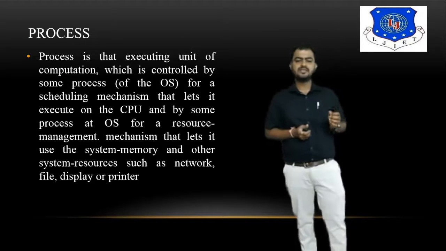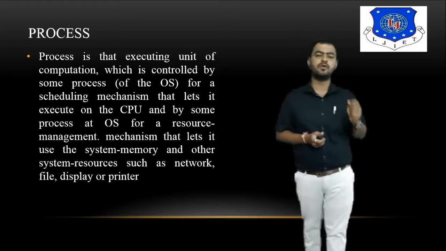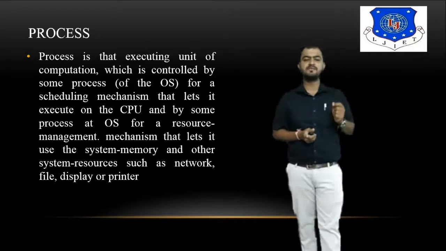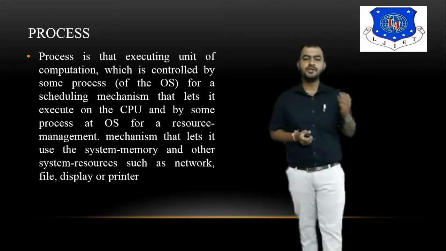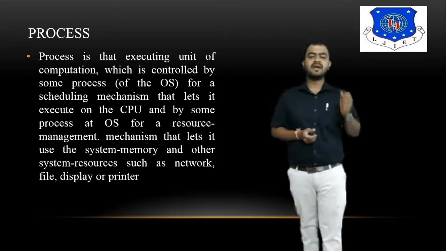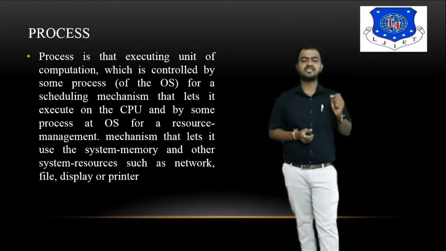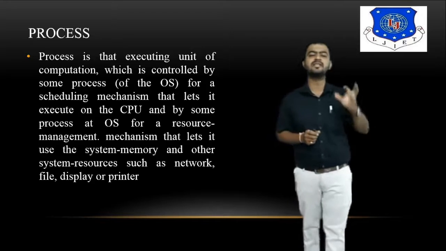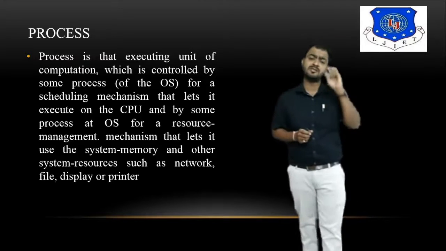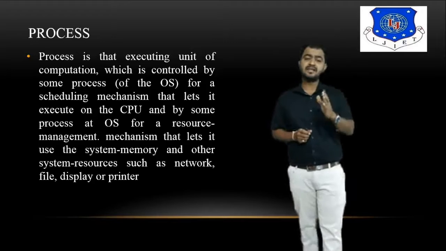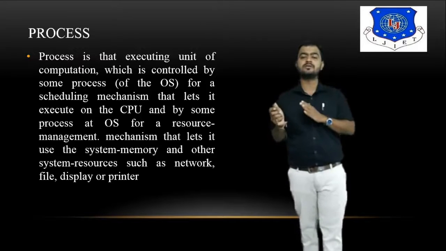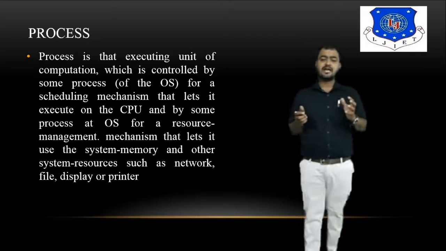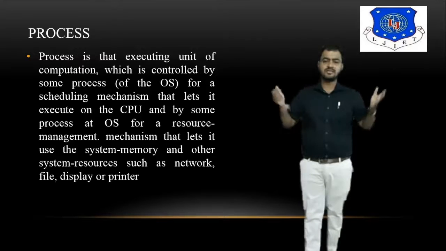Now, a process is an executing unit of computation which is controlled by some portion of the OS for a scheduling mechanism that lets it execute on the CPU, and by some portion of the OS for resource management. What they are trying to say is that a process means executing some computational task, controlled by some portion of the OS, because the whole OS is not occupied for one particular task, since the OS is a huge concept.